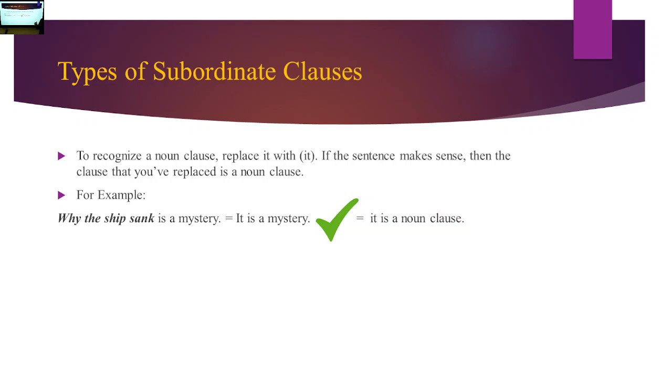If it works and the sentence makes sense, then what you have is a noun clause. Let's try it. Why the ship sank is a mystery, okay? If you replace the noun clause, why the ship sank, with it, let's see, it is a mystery, then it's a correct sentence, it makes sense, then what you have is a noun clause.